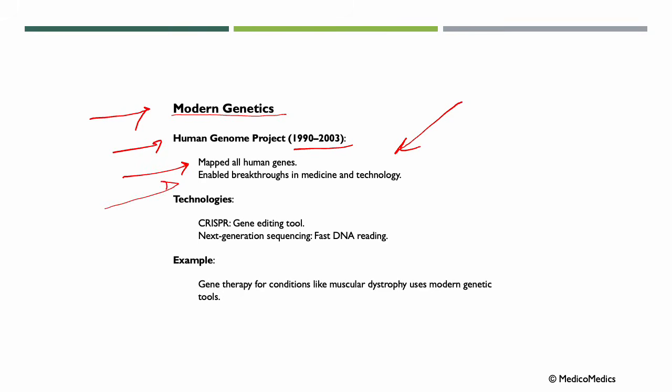And of course, it enabled breakthroughs in medicine and technology. Some of these technologies could be CRISPR, which is a gene editing tool. So an example is we use gene therapy for conditions like muscular dystrophy, where modern genetic tools are used. And this gene therapy is becoming more and more popular now.